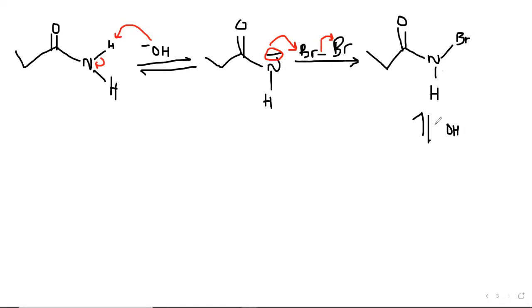This is a very strong base, hydroxide, which we're going to use to deprotonate this particular molecule. When we deprotonate it, electrons are going to fall back onto the nitrogen like that.